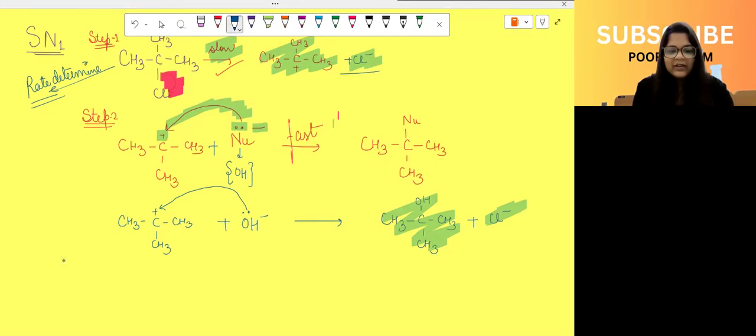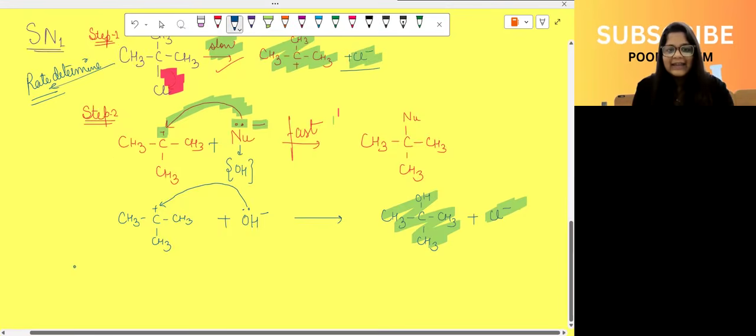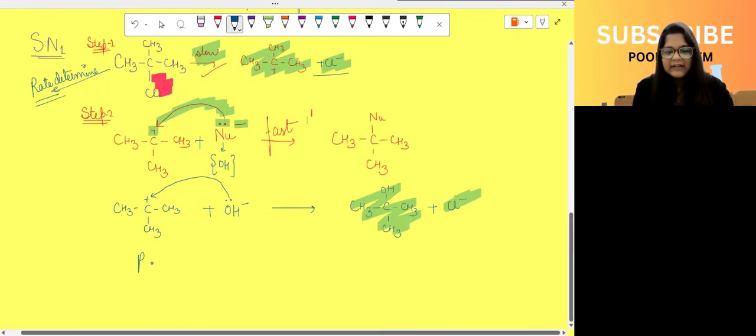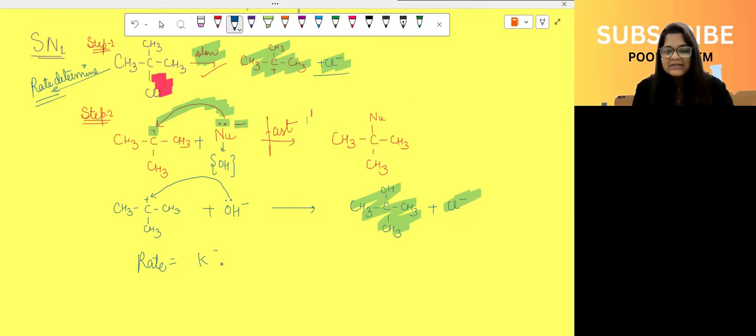So when I write down the rate expression, I can say rate equals k times the concentration of C4H9Cl. Correct? Since it is just one molecule, that's why it is SN1, unimolecular.